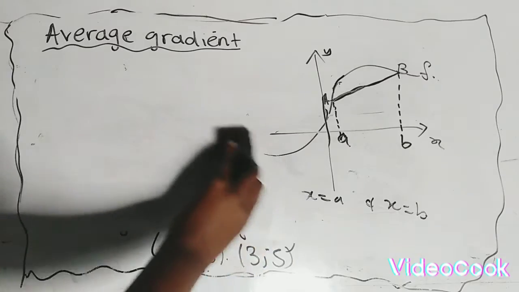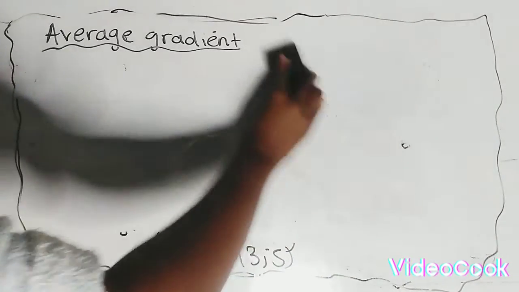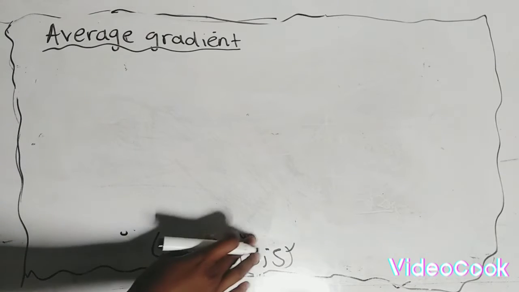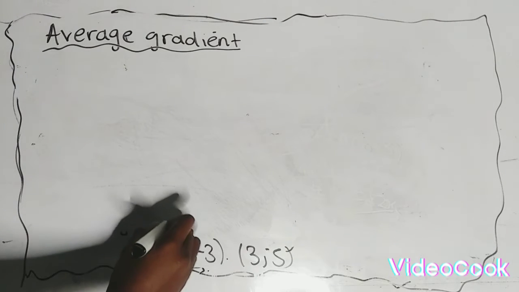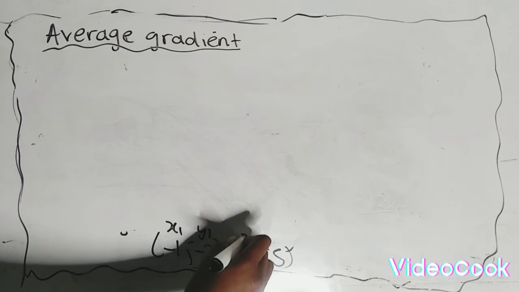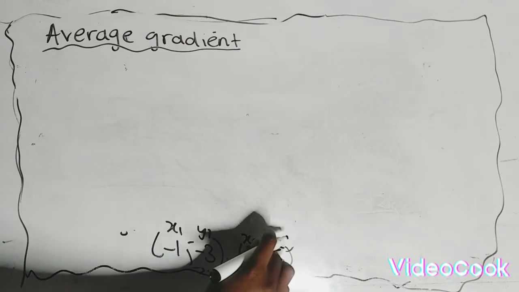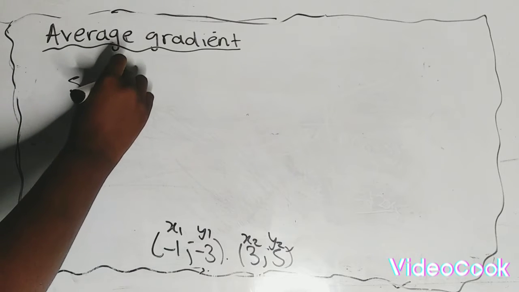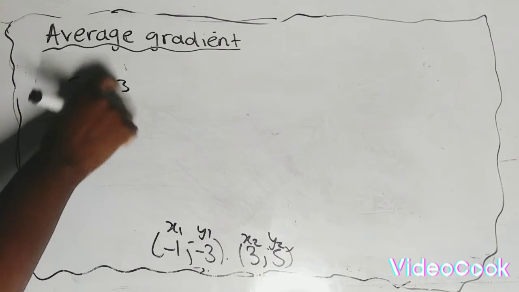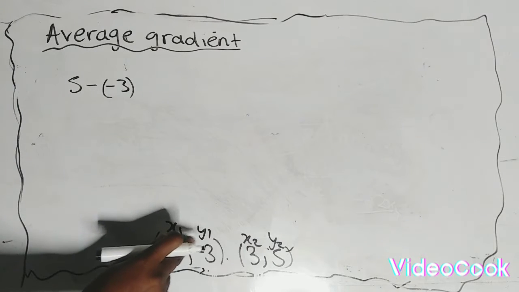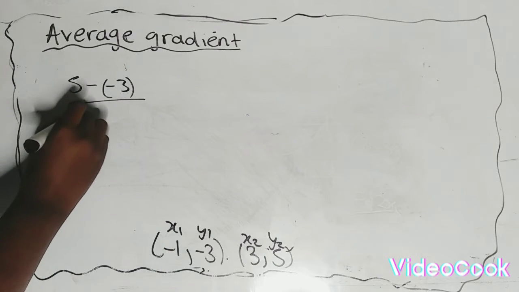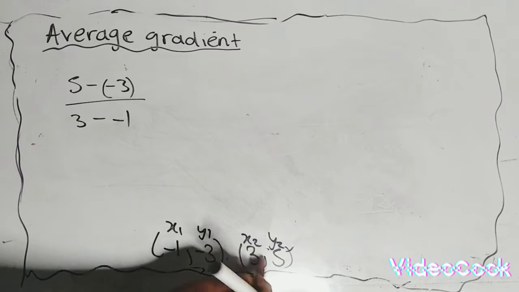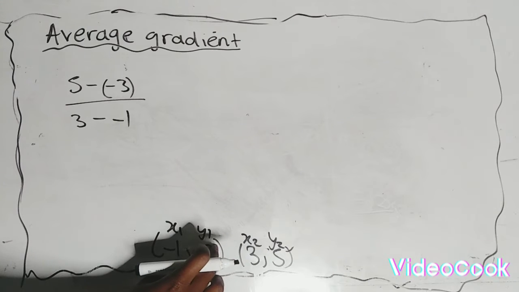We have calculated our y values. Now we want to calculate the gradient using our formula. We have two groups here, and we can say this is x1, y1, x2, y2. So now our y2 is 5. We say 5 minus, for the formula, minus 3 for that y value, over 3 minus 1. Take note, if you say this is my x1, automatically this one must be your y1.